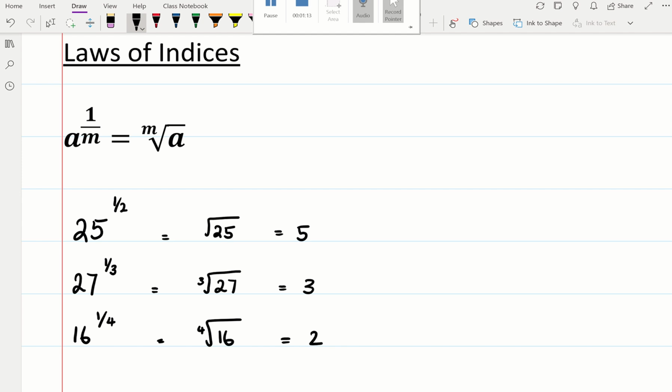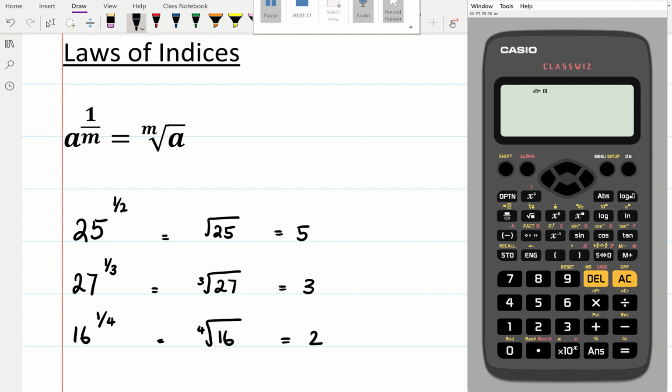And if you're just using numerical values, there are no letters, you can just use a calculator. You can put something like 16 and then use the x with a box button to put a power, and then use the fraction button to make that power a fraction, put it in and press equal, and it will give you certainly the positive answer.